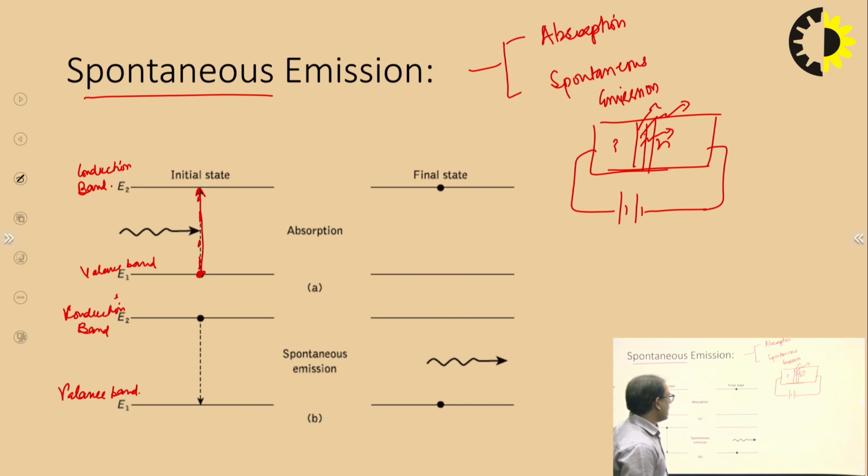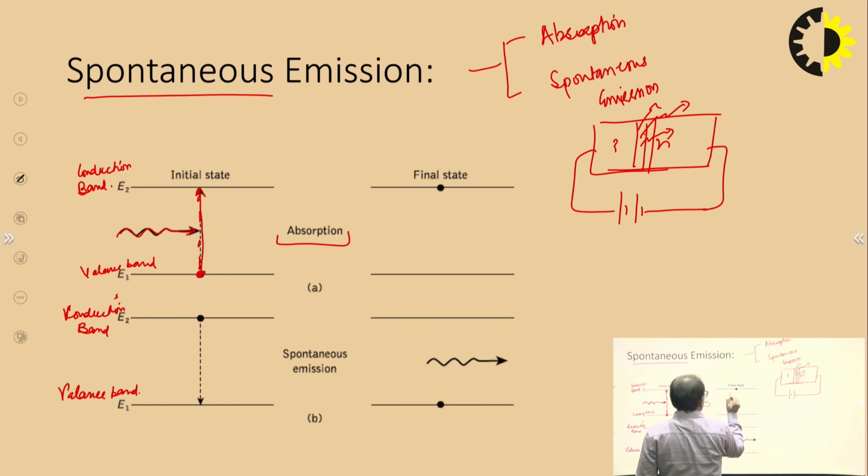Clear? On absorbing the energy, that's why it is known as absorption. Now this electron will be at this point, that is, at the conduction band.